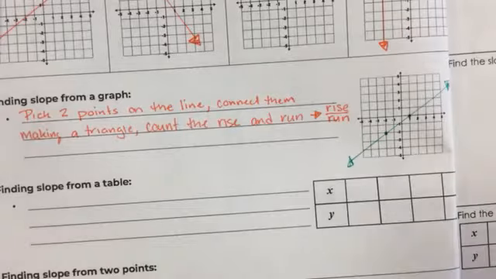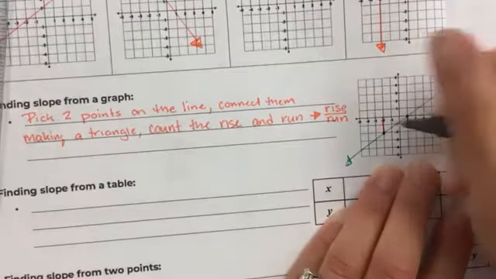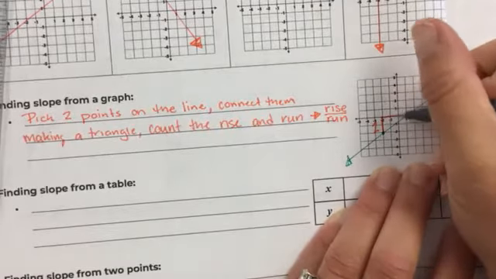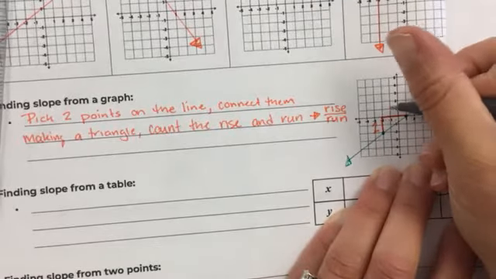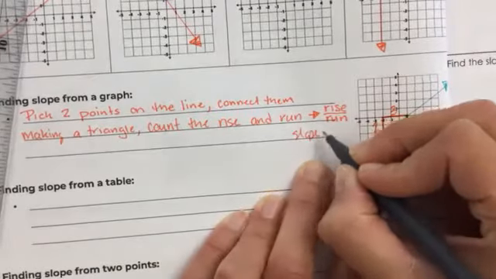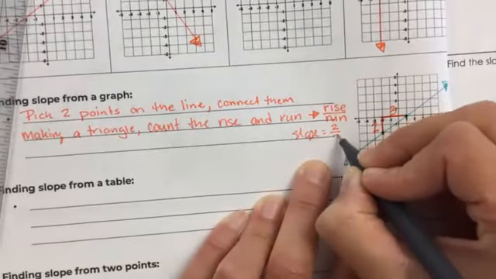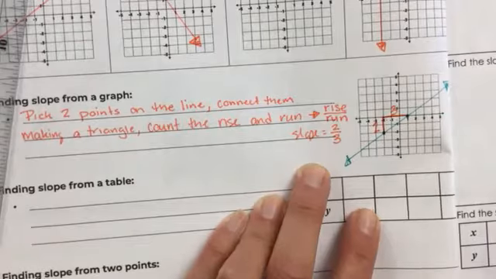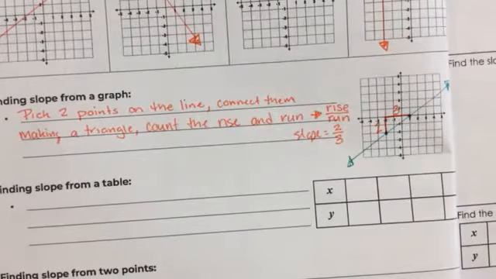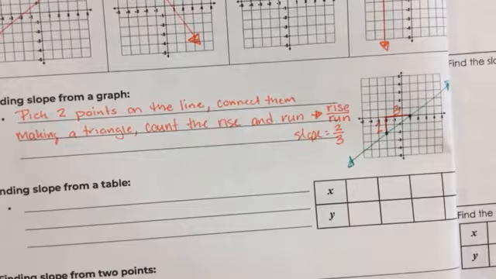So it says, find your 2 points, make a triangle. That was an up movement of 2. And then I would go over 1, 2, 3 units. So in this case, your slope equals 2 over 3. Okay.